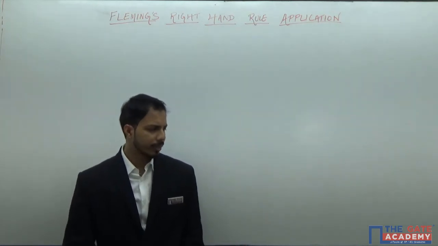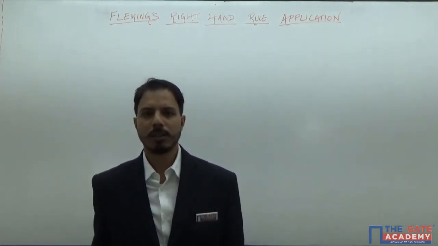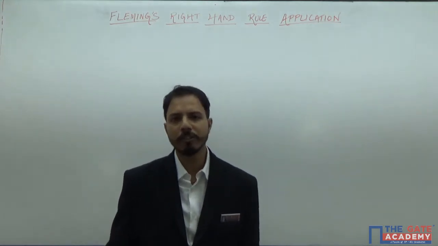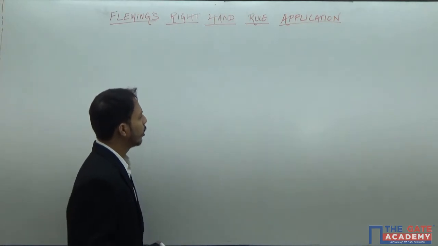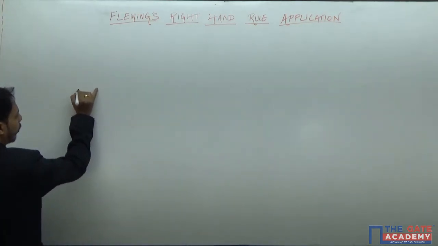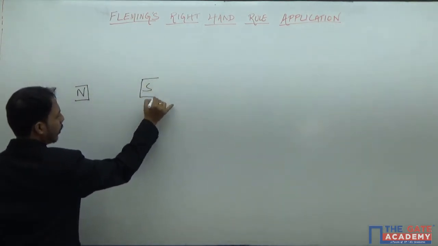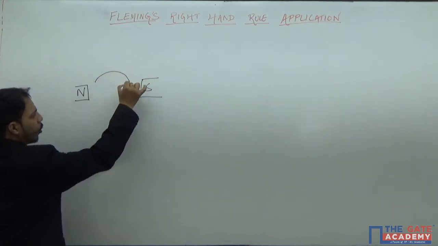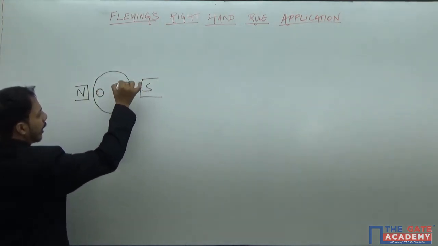Now let's see how to apply this and how to find the direction of induced EMF in the conductors. Let us take an example. Say I have a North Pole and a South Pole in this way, and I have a rotor here with conductors.